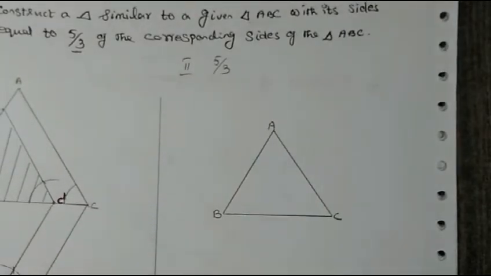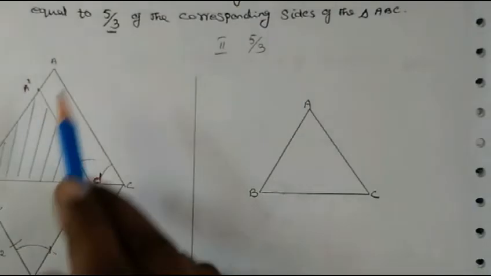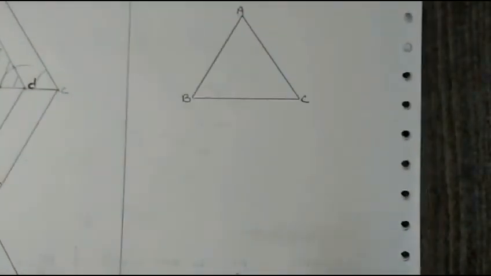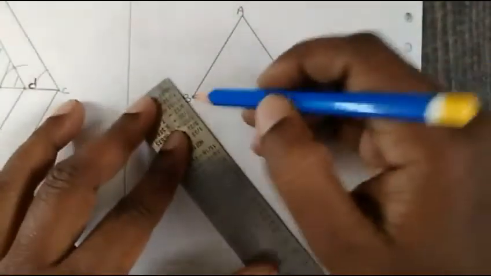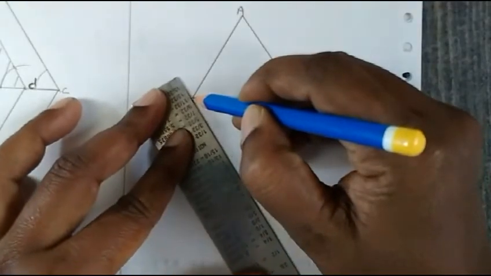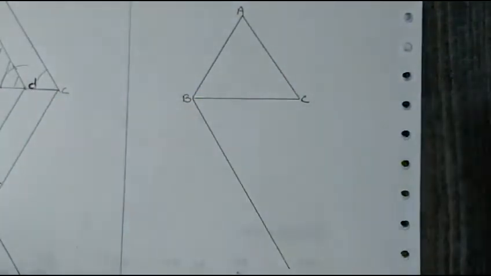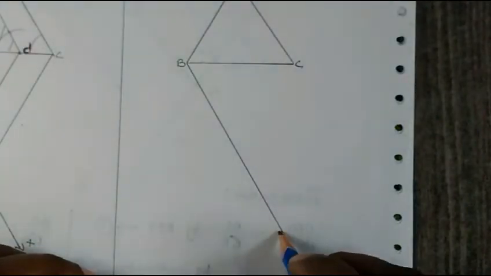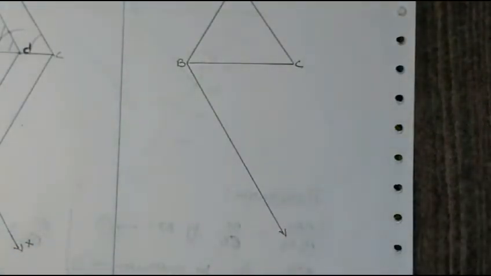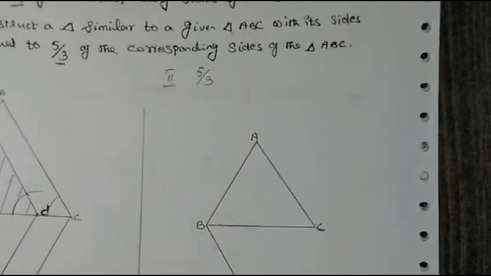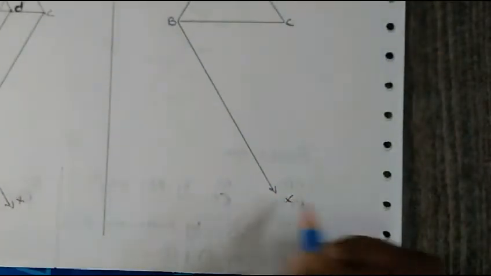Same way we have to do. After constructing the triangle, we have to draw a ray, an acute angle. Okay, after drawing the acute angle, we name it as X.